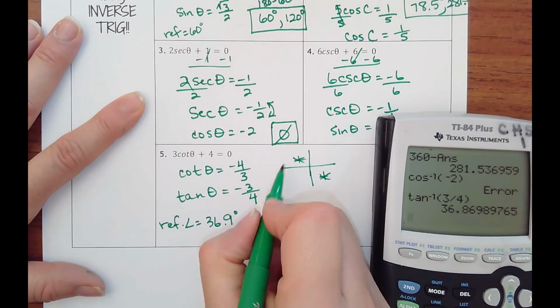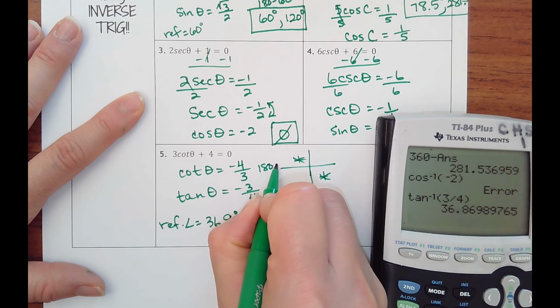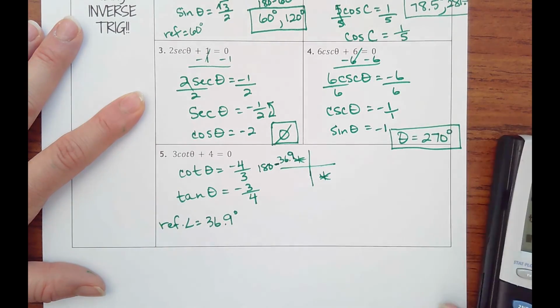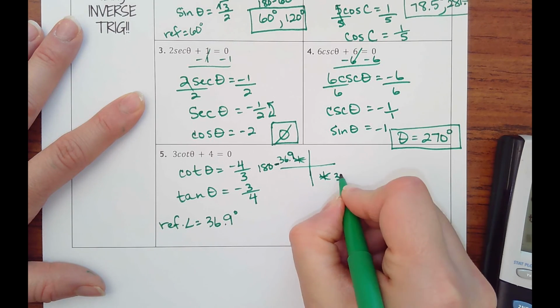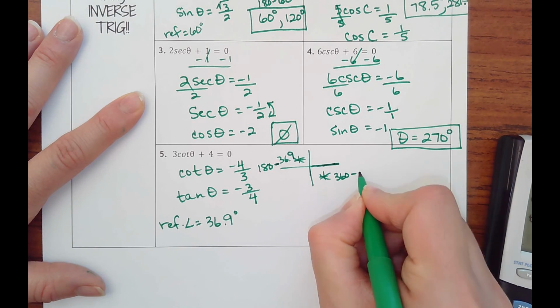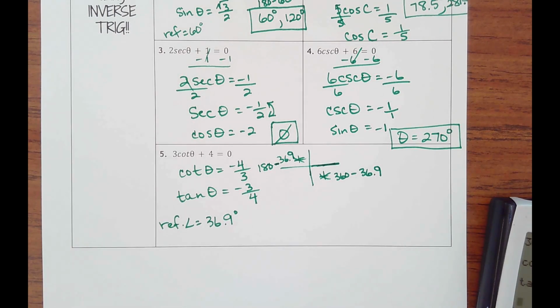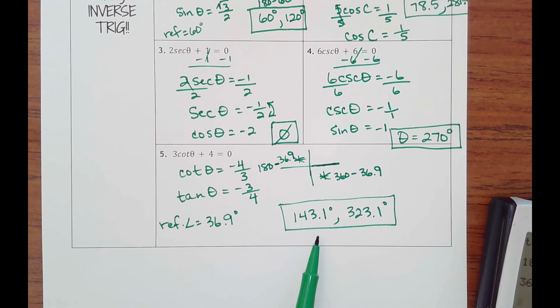So remember, I'm taking 180 minus my 36.9, and then in quadrant 4, I'm taking 360 minus 36.9, and that'll get you your two answers: 143.1 and 323.1 degrees.